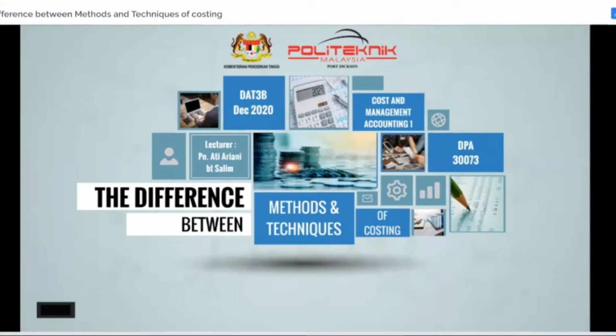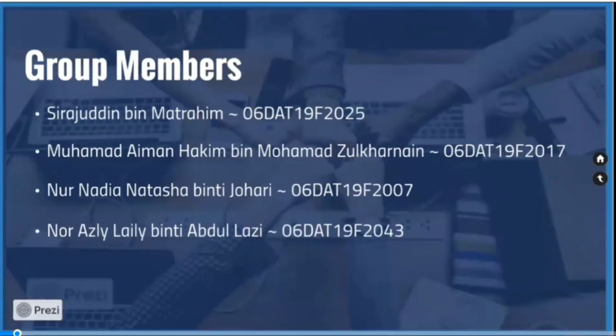But before we go so far, we are going to introduce ourselves, and I will go first. My name is Nadia Natasha Binti Johari, and you can call me Natasha. My matric number is 06D8019F2007. Hi, my name is Sirajuddin bin Mat Rahim and my matric number is 06D8019F2025.